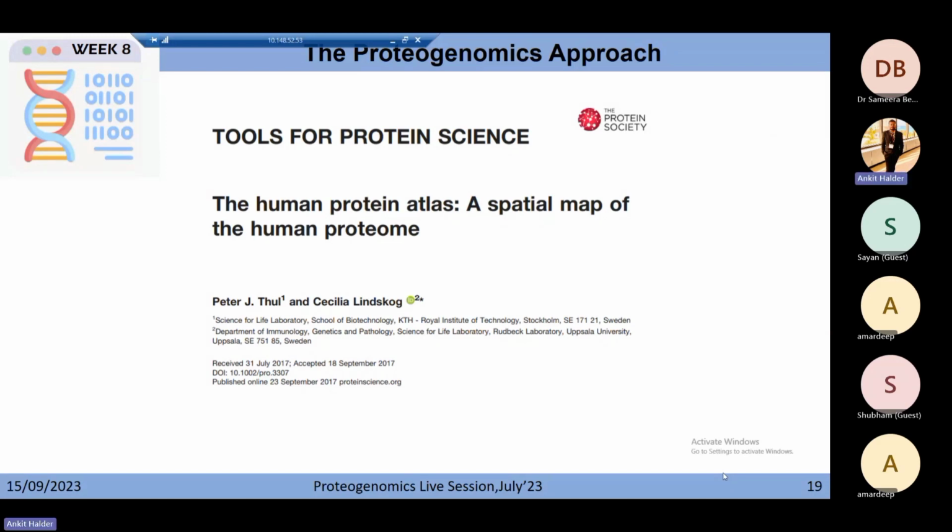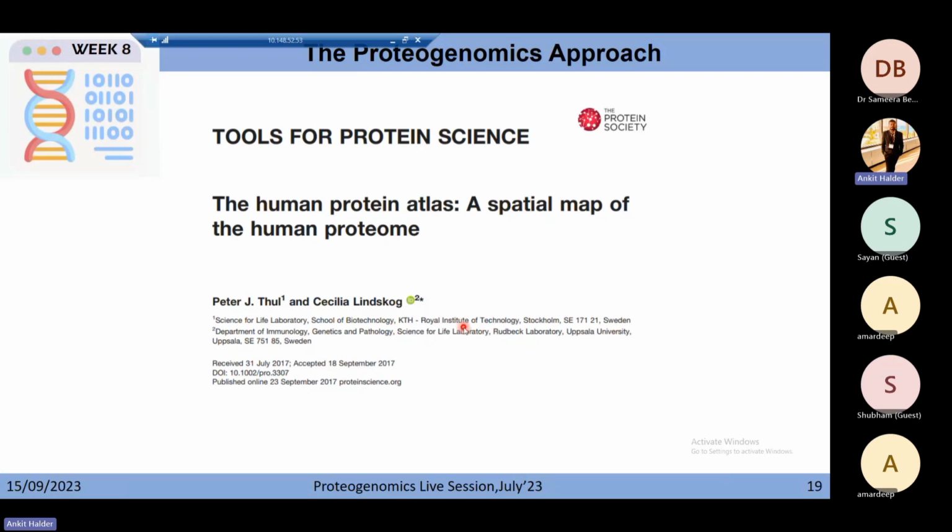Another thing is the antibody-based evidence, or finding the antibody-based proteome of the human being. This is one project which was launched on a multi-dimensional scale, the Human Protein Atlas, which gives you a spatial map of the human proteome, from KTH Sweden.